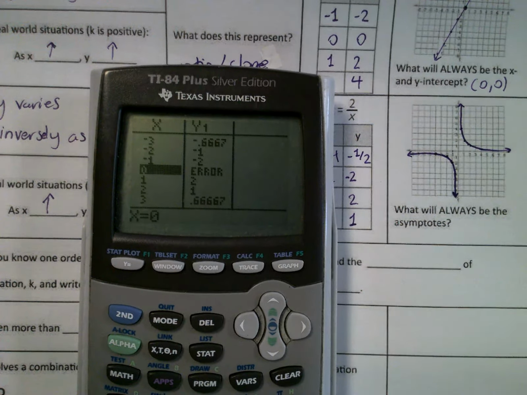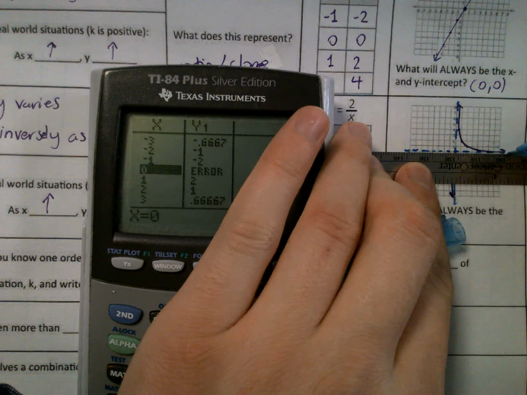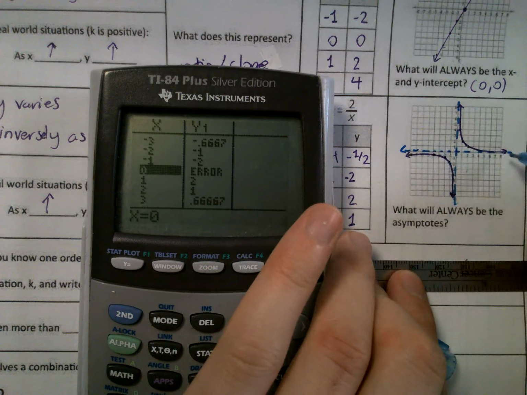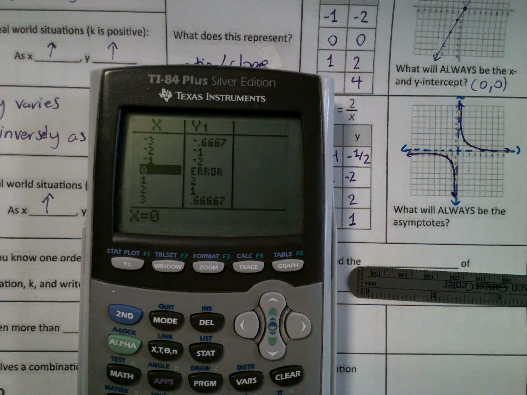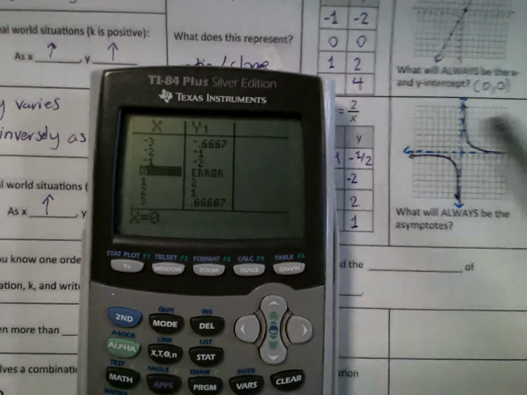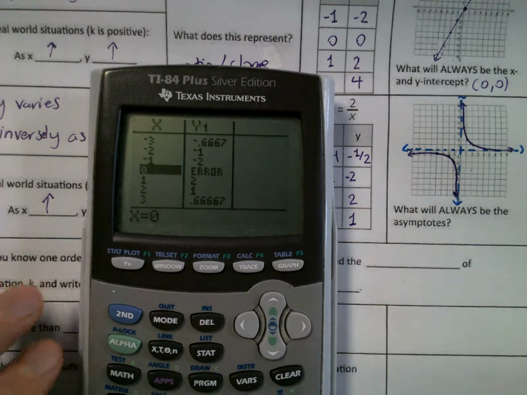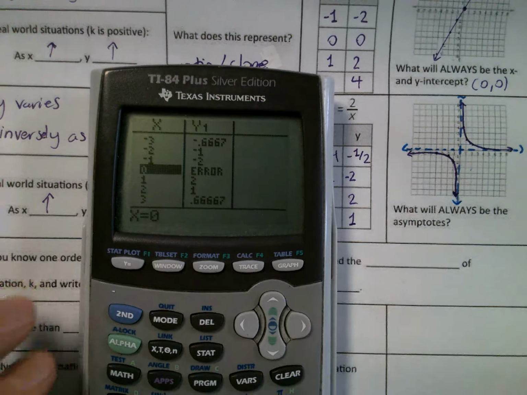Remember what an asymptote is? It's basically the invisible border that cannot be crossed by a line. These asymptotes will always be the same for all variation functions, where x equals 0 and y equals 0.